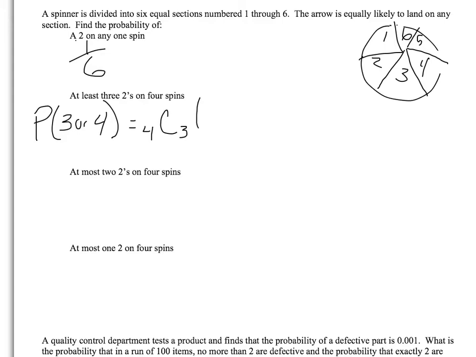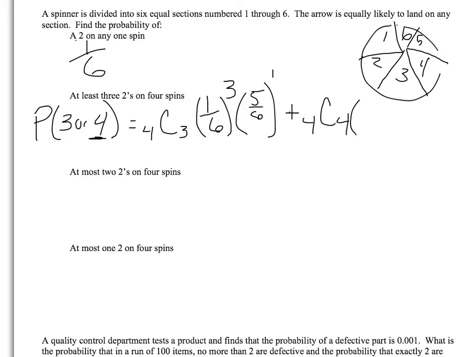The probability that I spin a 2 is 1/6, and I want 3 of them. The probability that I do not spin a 2 is 5 out of 6, and I want 1 of them. Plus 4 choose 4 for the probability of 4. The probability that I spin a 2 is 1/6, and I want 4 of them.